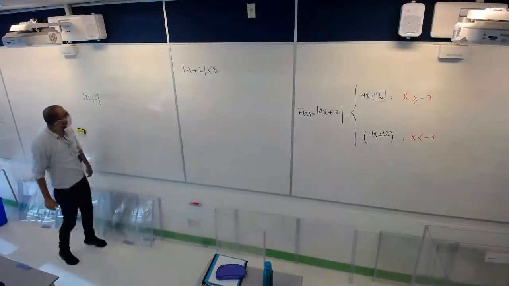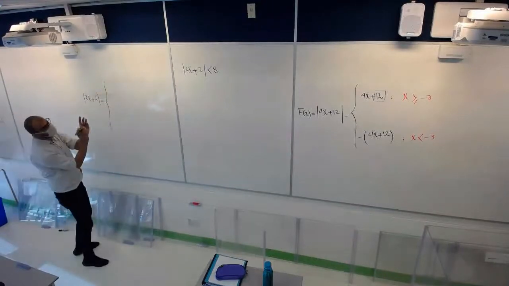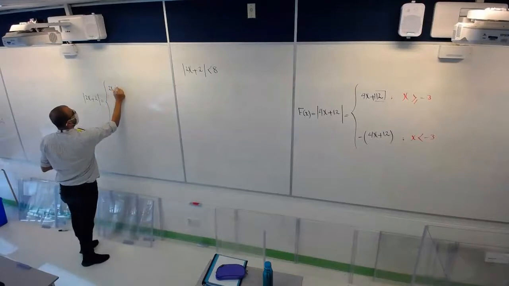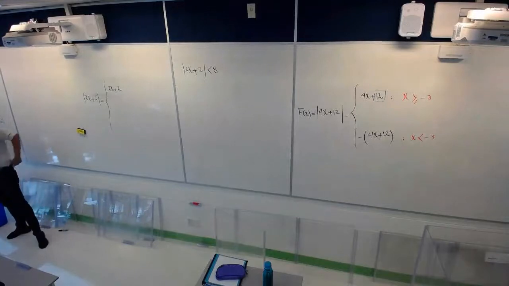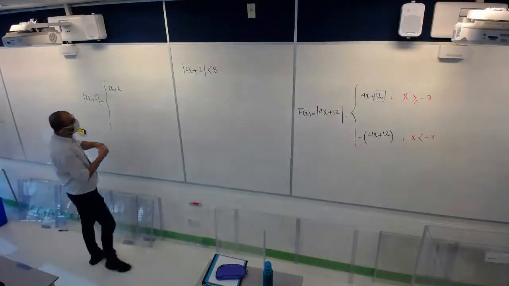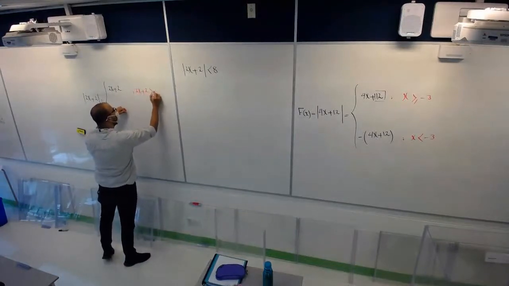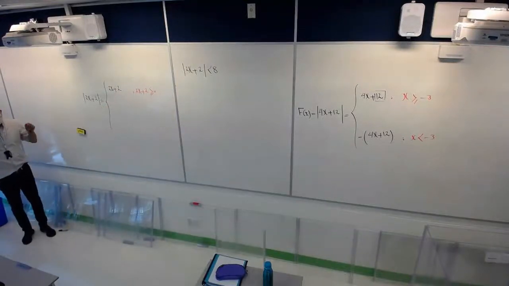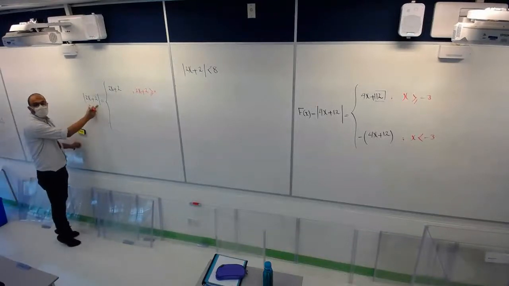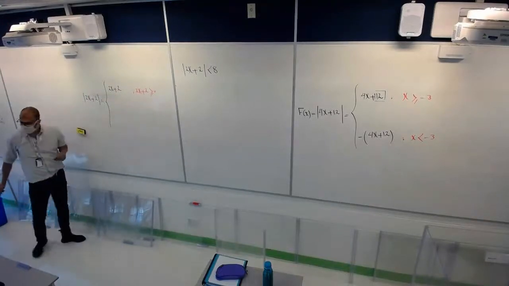How to break it? I say, okay, now I bring my hammer, and I take 2x plus 2 outside without changing anything. If I do this, I know that the only thing which I can do is that 2x plus 2 has to be a positive number or equal to 0. I know that this is the only condition which allows me to take whatever is inside the hard shell and take it outside, if that thing itself is a positive number.